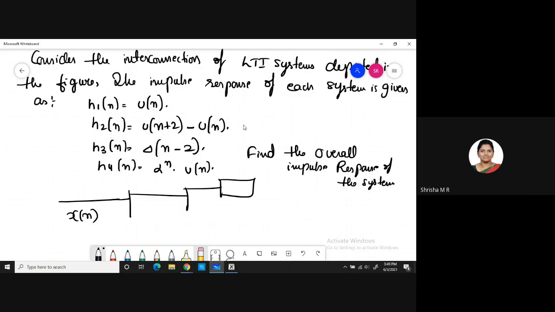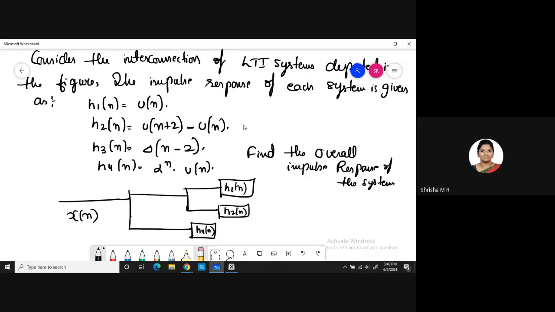This is h1 of n, this is h2 of n, and you have h4 of n here.